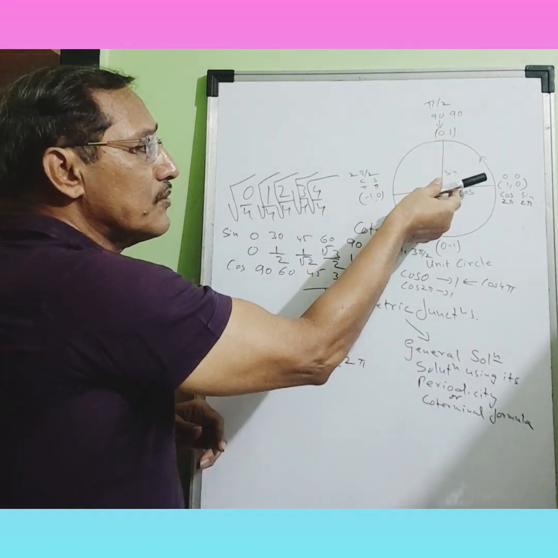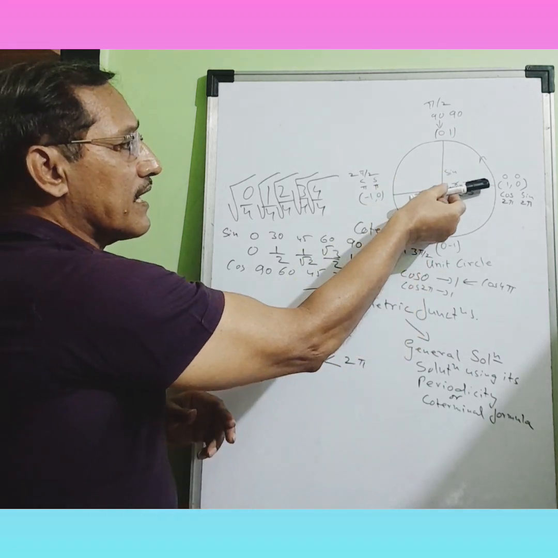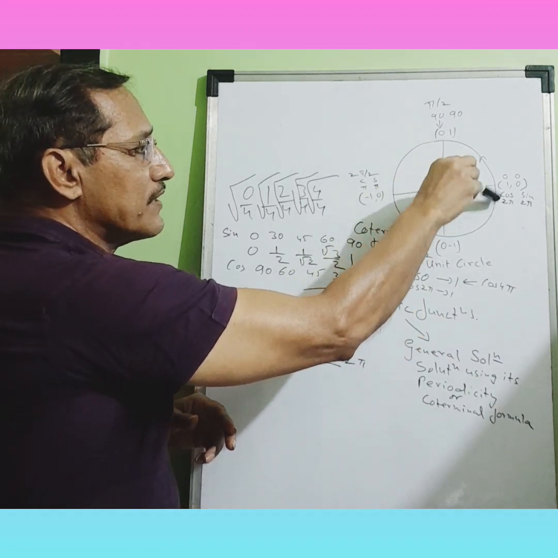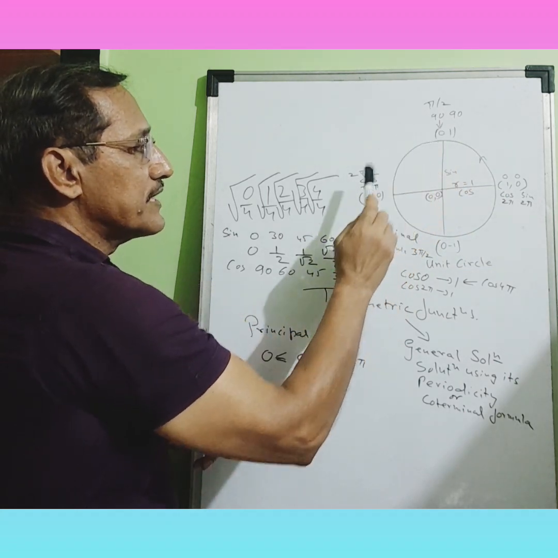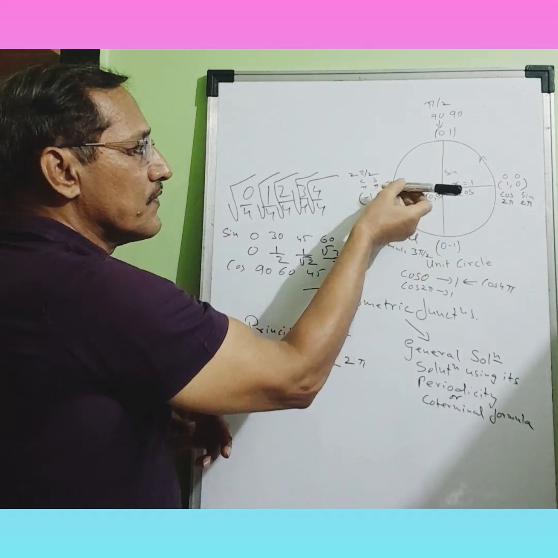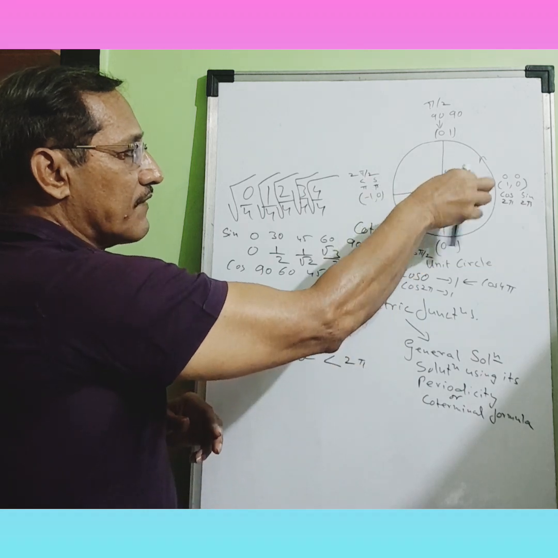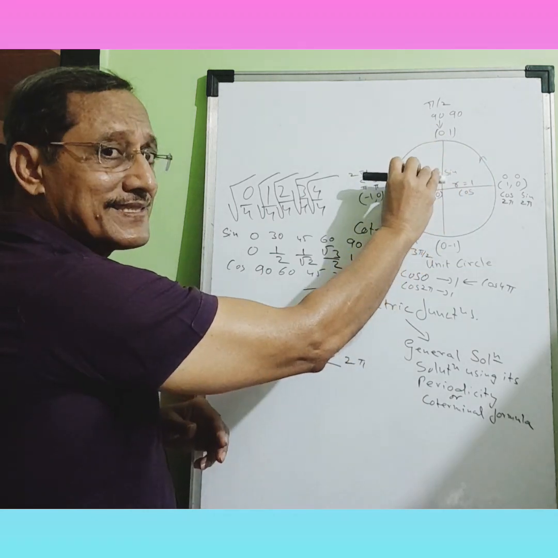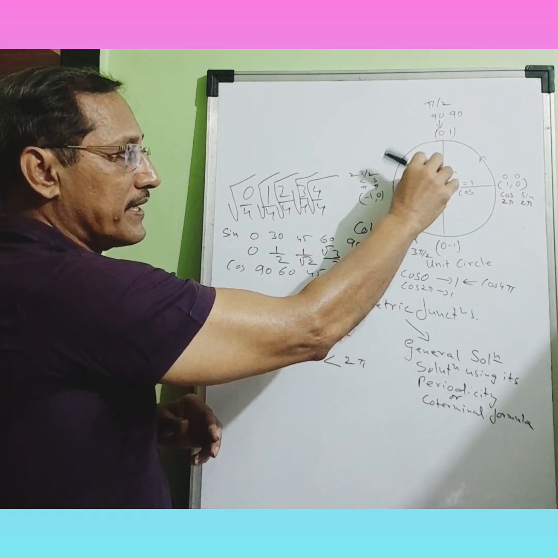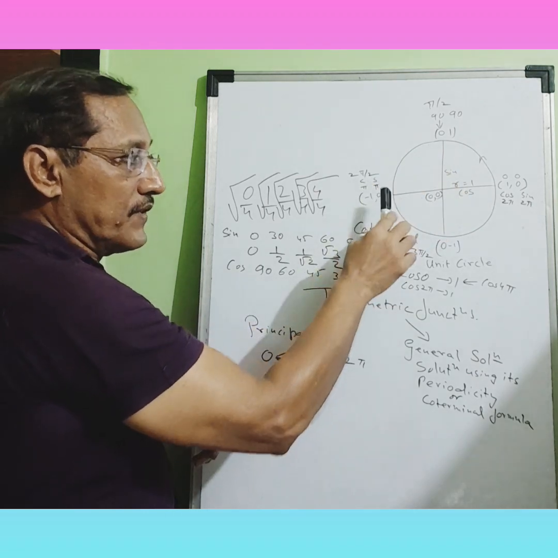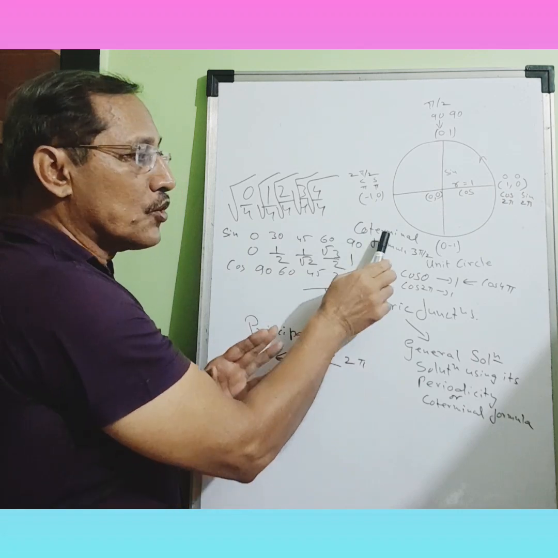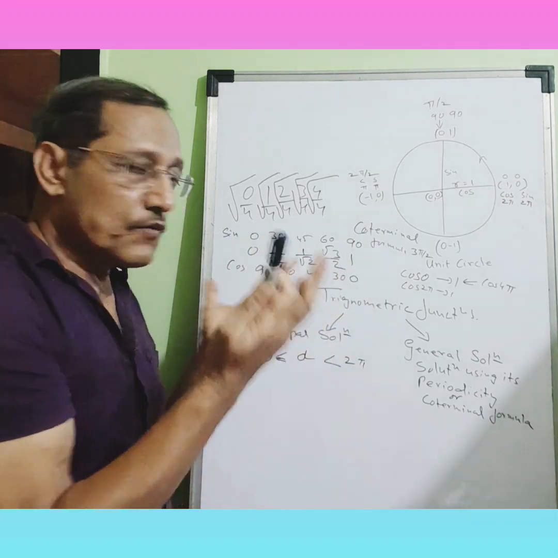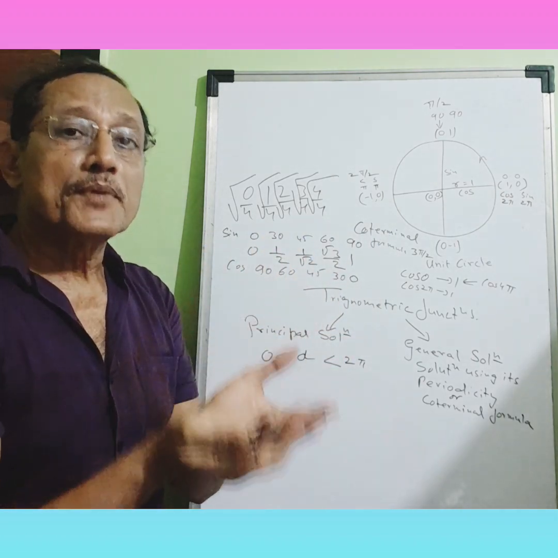When I explained in my previous video, after every 2 pi the values keep on repeating. Here also, if I start from here, after every 2 pi, which is 360 degrees, that is 2 pi radians, the values keep on repeating. That is the coterminal formula, and that is periodicity. What do you mean by periodicity?